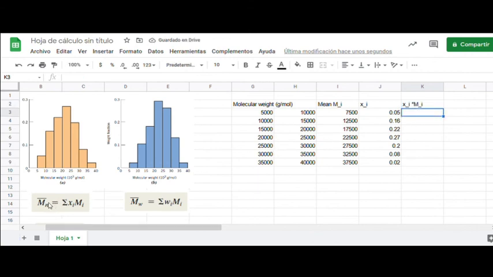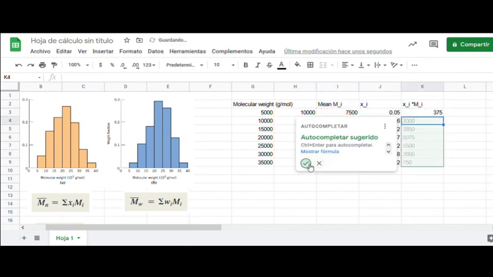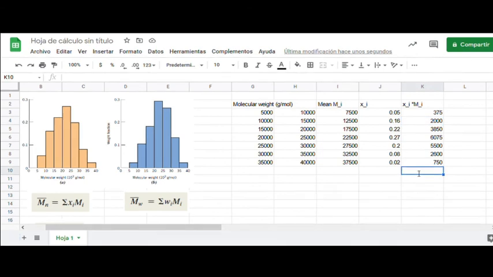Using this equation of the number average, we just make a multiplication, right? Like this. And then we take the sum. And this is the result, right?